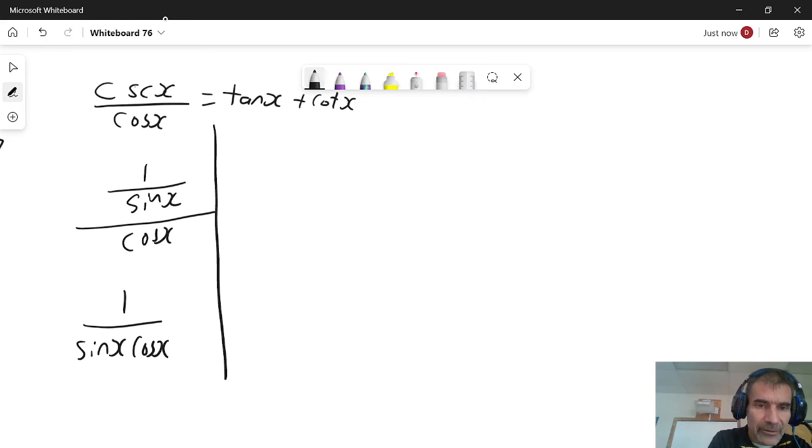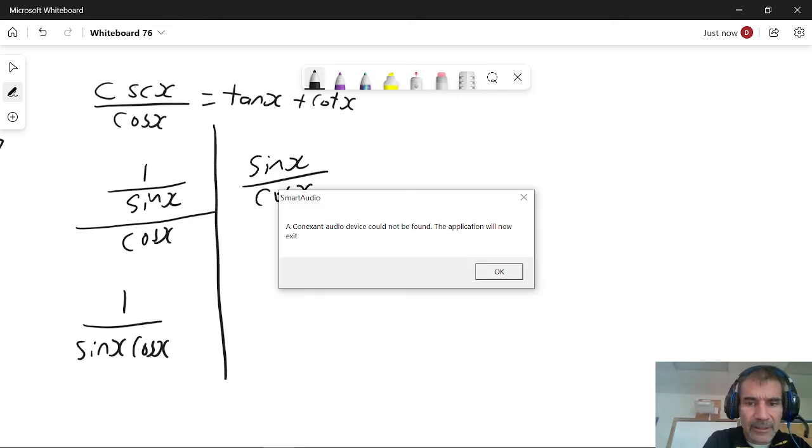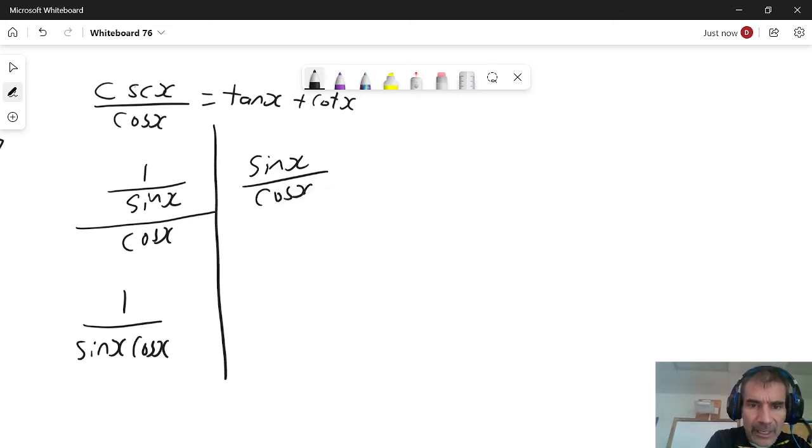Over here, the tan of x, remember the tan of x is the sine of x over the cosine of x. And the cotan of x is the reciprocal of the tan of x, which would make it the cosine of x over the sine of x. Now I want a common denominator here.